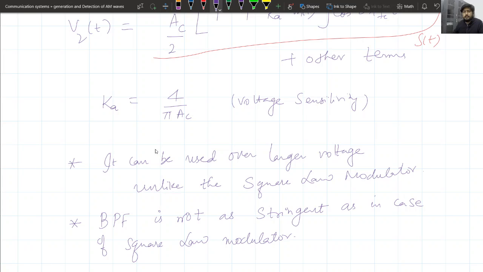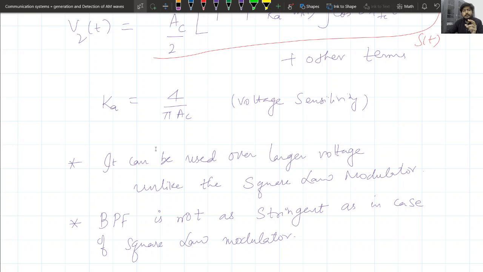So these are the two methods of generation of amplitude modulated waves. All we are doing is summing up the message signal and the carrier wave and passing it through the nonlinear device.